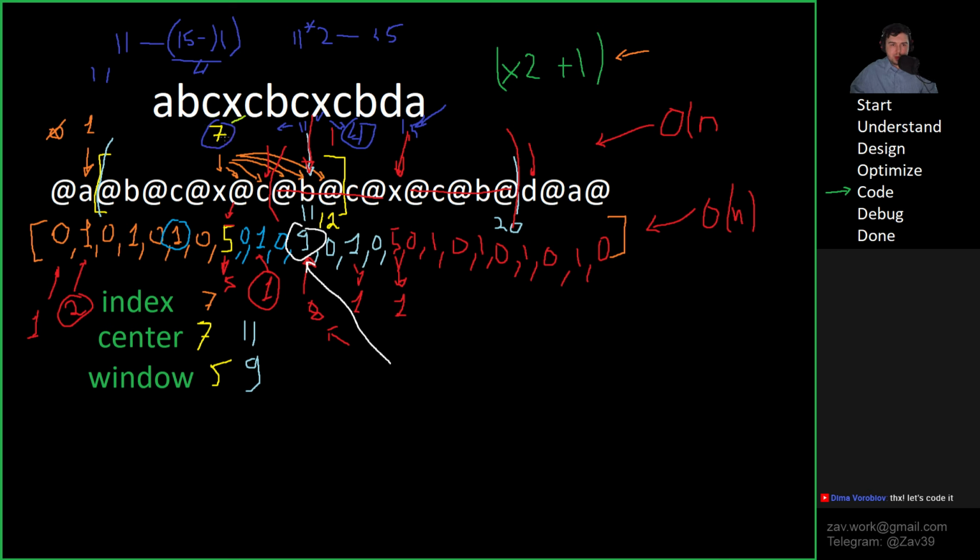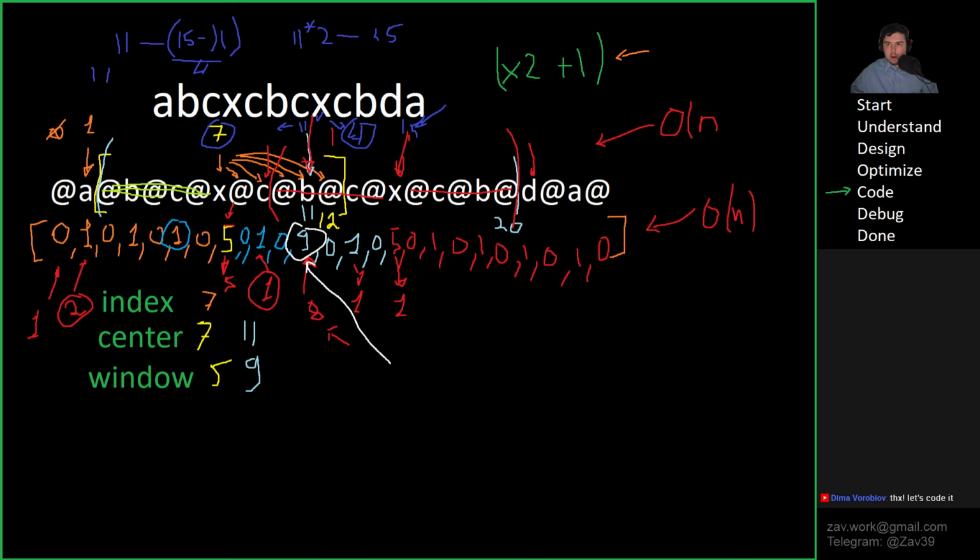It was index 5 here. But what is interesting is that we have only 5 symbols here: B, C, X, C, B. So when we go only to the right, we calculate exactly the amount of symbols in our original string, because we don't go to the left, we just ignore this part, since we have double of them plus one additional symbol.